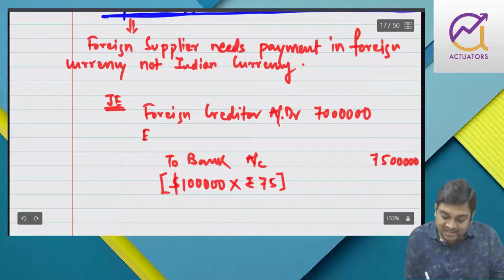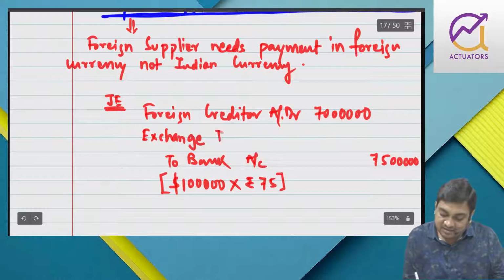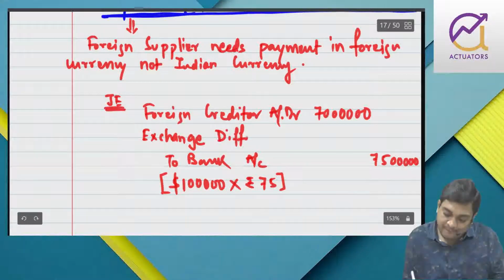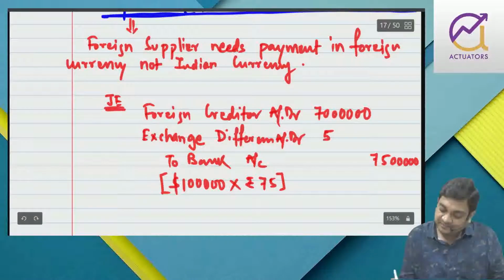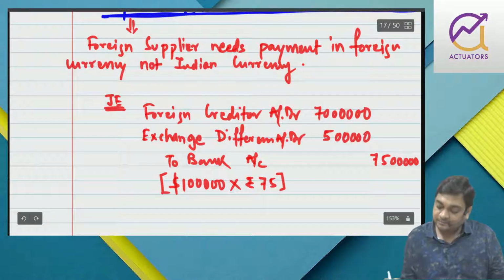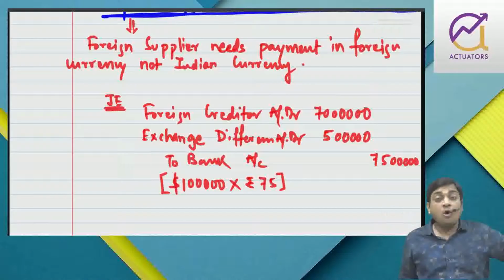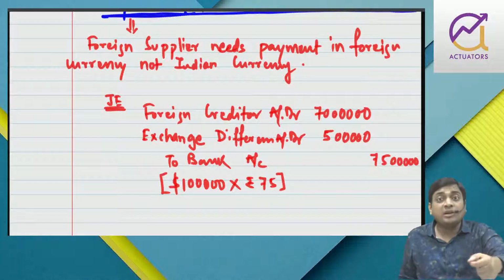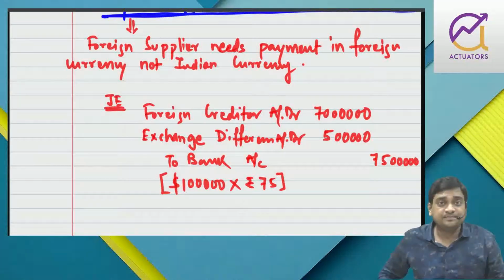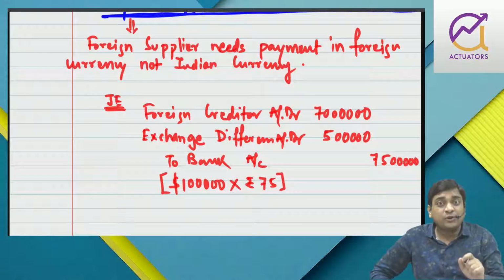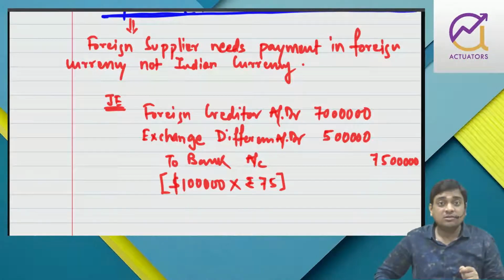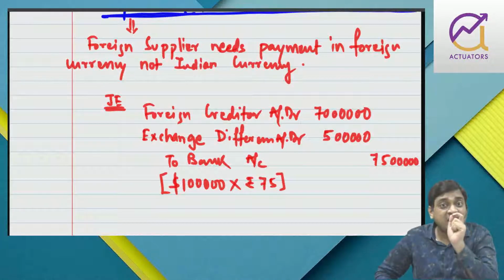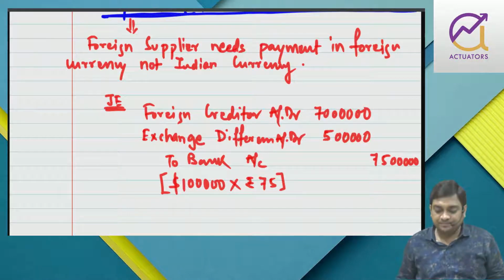So the excess of 5 lakh will be shown as exchange difference. So if you are importing goods from a foreign country, you have to be very careful regarding your exchange fluctuations as well.